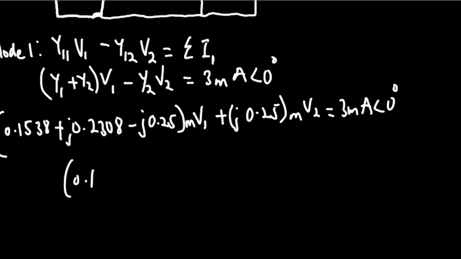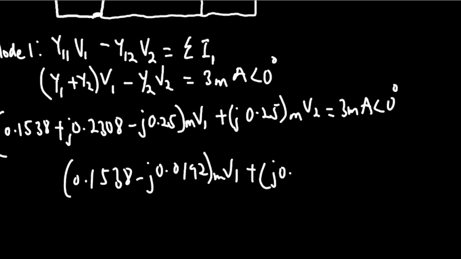So 0.1538 minus J0.0192 milli V1 plus J0.25 milli V2 is equal to 3 milliamps angle 0 degrees, and this is our first node equation.